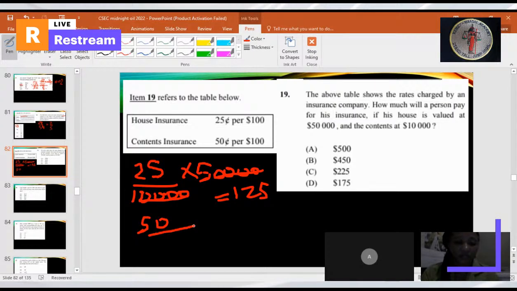For the contents it is 50 cents per $100. So 50 over 100 times the 10,000 here for the contents. The content is $10,000.